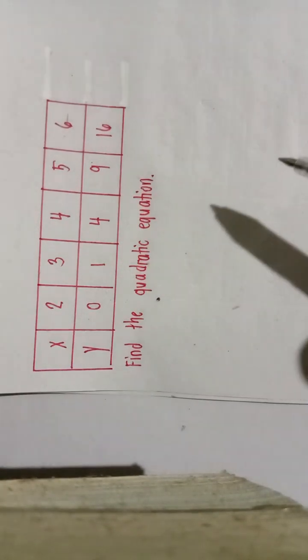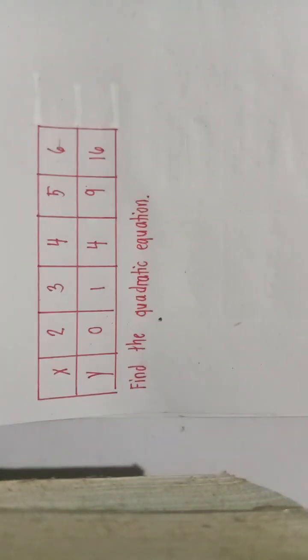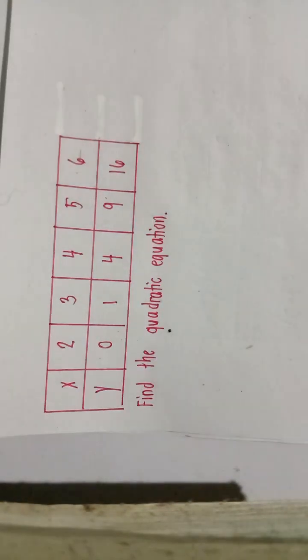So same as in the LAS, the first step is to choose 3 points from the table of values. 3 points. So in this example, I am going to choose the points 2, 0, 3, 1, and 4, 4.